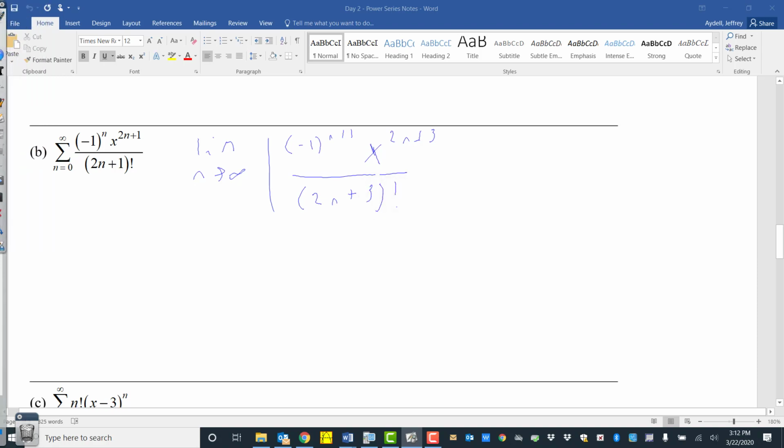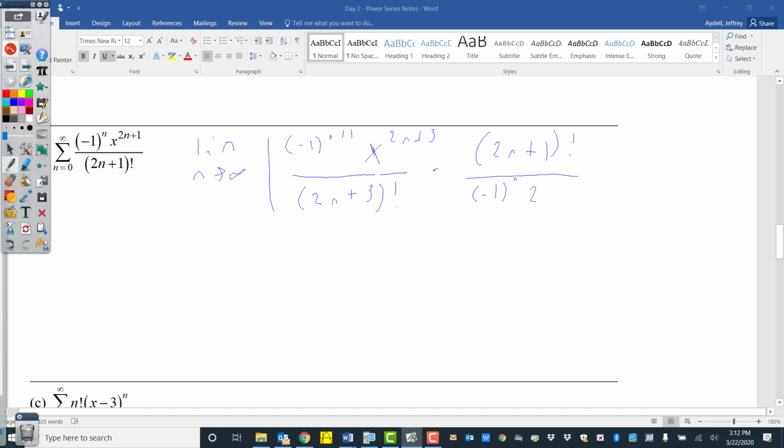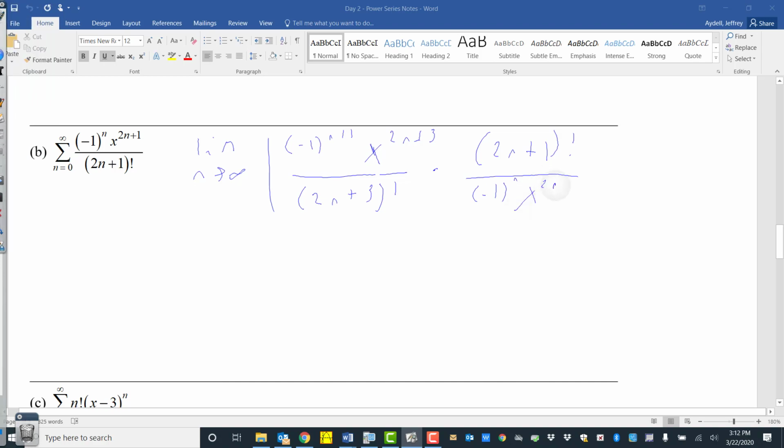And then we're going to multiply this by 2n plus 1 factorial over -1 to the n times x to the 2n plus 1. And this is what we're looking at this time.